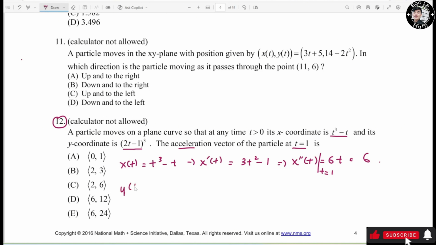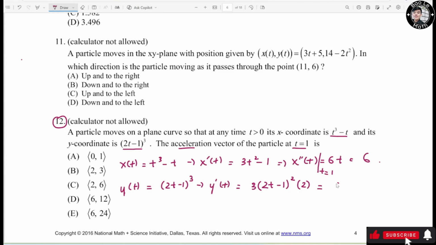Now y of t equals 2t minus 1 cubed, right? And then y prime of t is 3 times 2t minus 1 squared, times 2, right? So it's going to be 6 times 2t minus 1 squared, right?